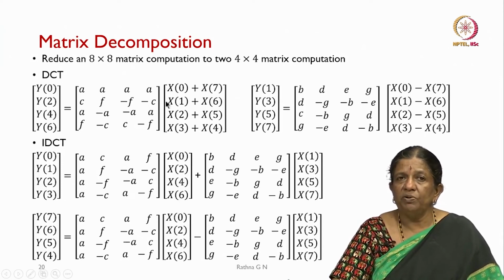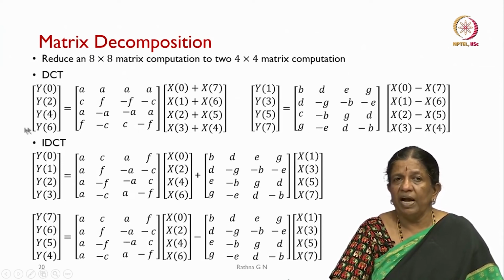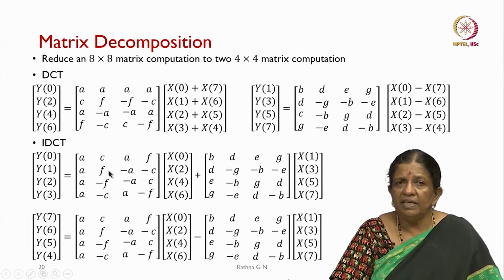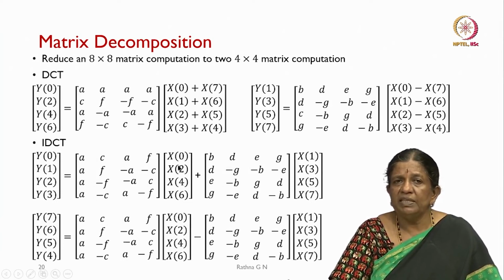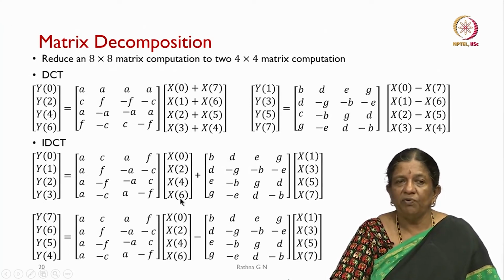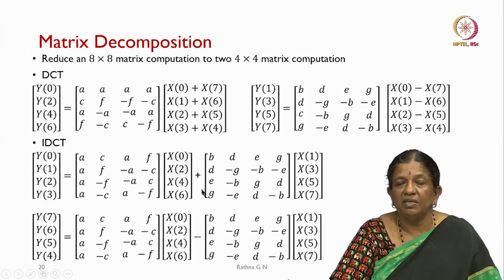So, now to compute with these coefficients back, that is the IDCT. How will you use it to calculate y0, y1, y2, y3? You will be using the ACF coefficients in the top portion, but you will see that the input is bit reversed, that is x0, x2, x4, x6, not completely bit reversed in this case. Anyway, what you will be considering here is the same as our FFT.